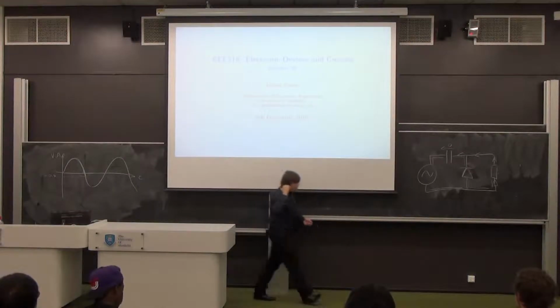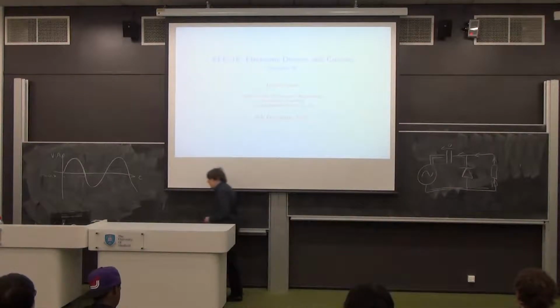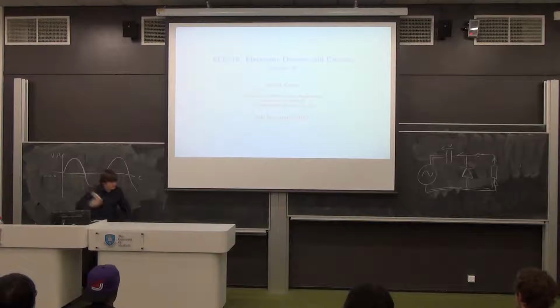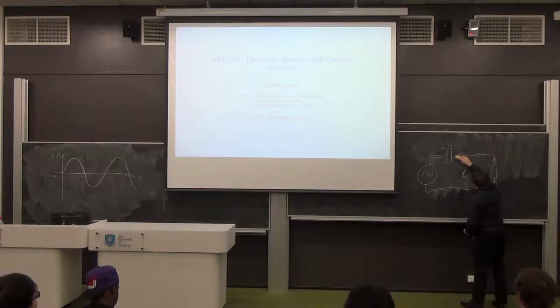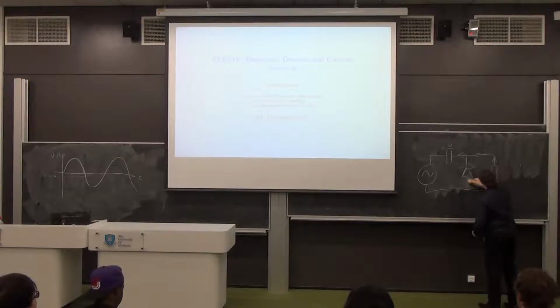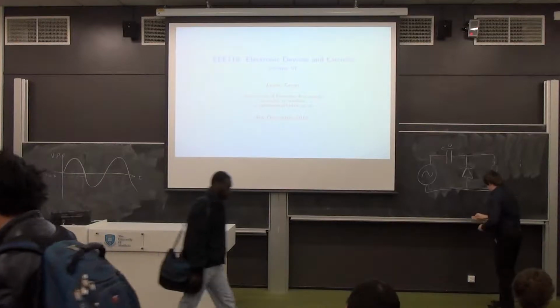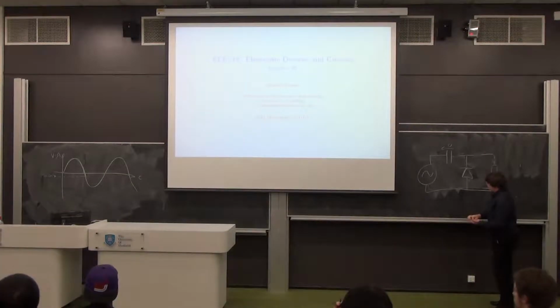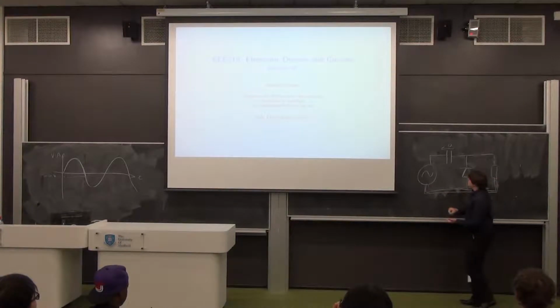So by the time we get to that 0.7 volts, the situation has changed. The situation's changed so that this is now the more positive node, and this node is more negative.